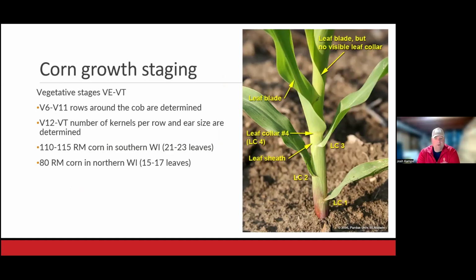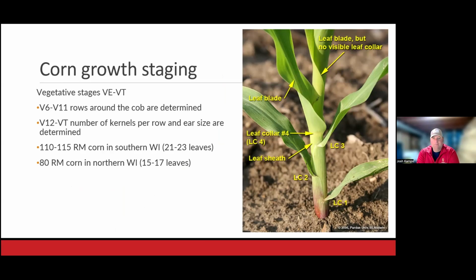Here is another representation of this from a guide from Purdue University. You can see that going up the plant a little bit farther in the picture on the right. That true leaf at the bottom is at leaf collar 1, or V1. As you go up the plant, you have V2, V3. That fourth collar is just hardly fully formed, but that would be a V4.